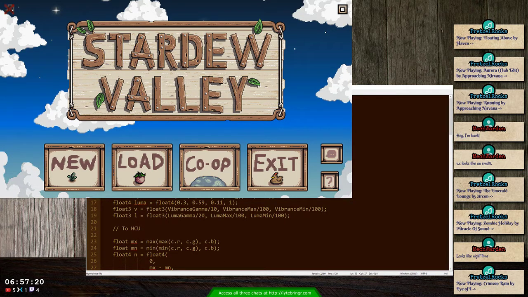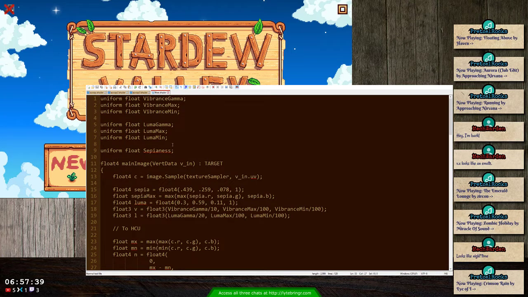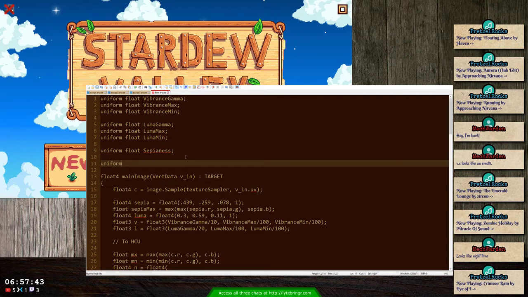Actually, let's just turn everything off. There's no need to mix the other stuff in at this point. So, step one. I would like to see what we get when we ask for a uniform float 4. Because this should ask for a color.